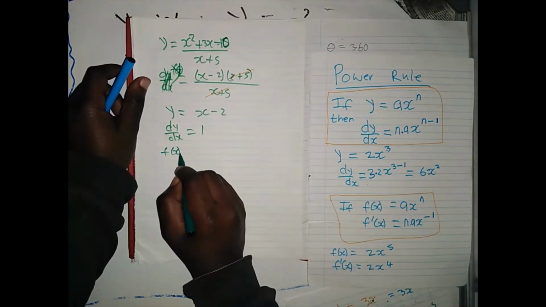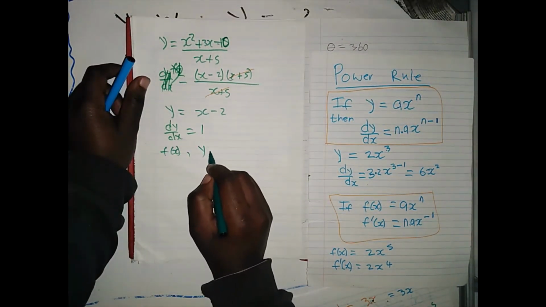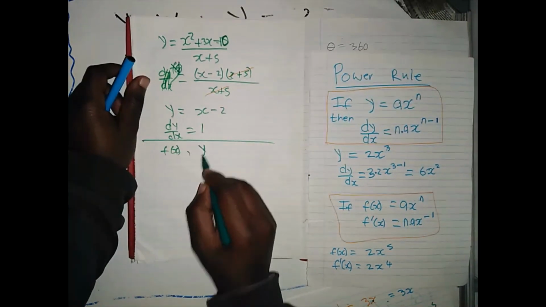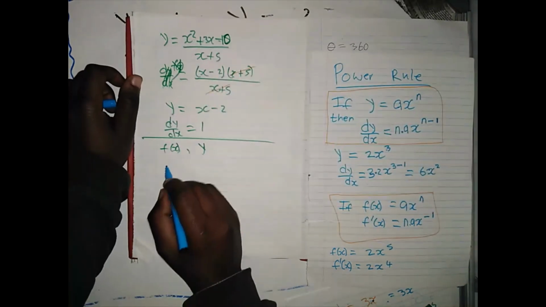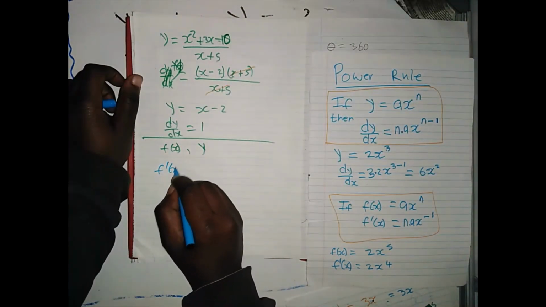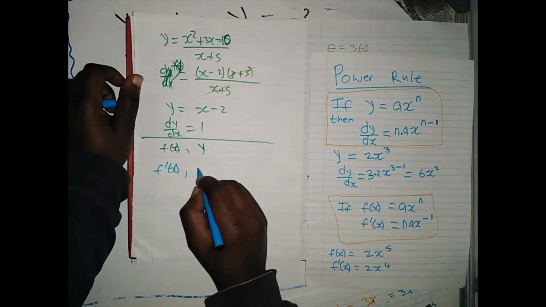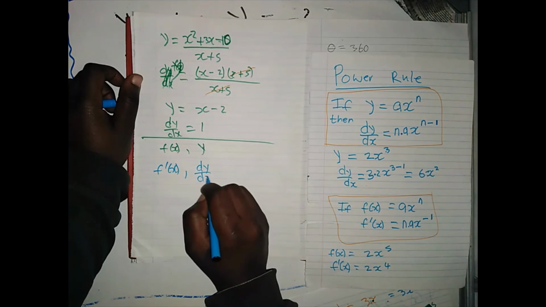All right, okay guys, before I close, I just want to mention that we have f at x. Remember, that is how we can call a function, and sometimes we call it y. Now when it comes to the derivative, sometimes they will call it f prime at x, but sometimes they will call it dy over dx, as we have seen earlier.